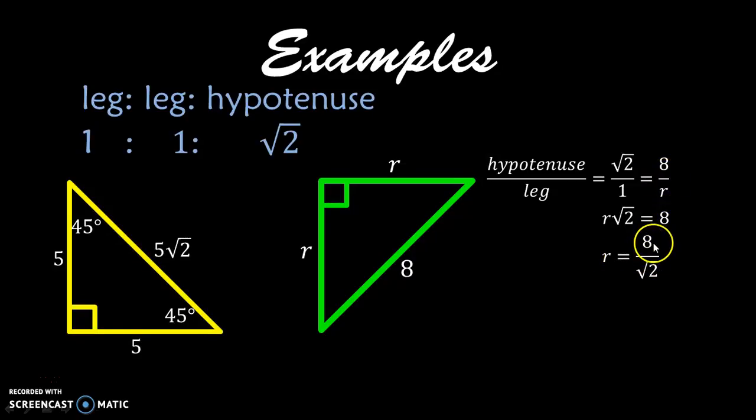So r is equal to 8 over square root of 2. As usual, we need to rationalize it. So we have 8 square root of 2 all over 2, which is 4 square root of 2. Therefore, this side or the leg measures 4 square root of 2. This one also, because they are just equal.